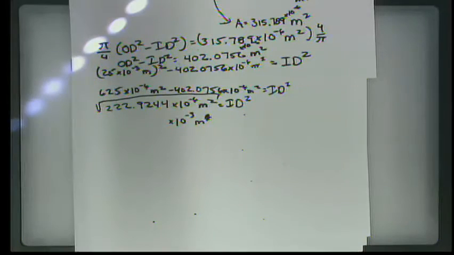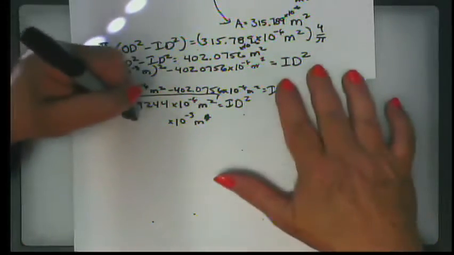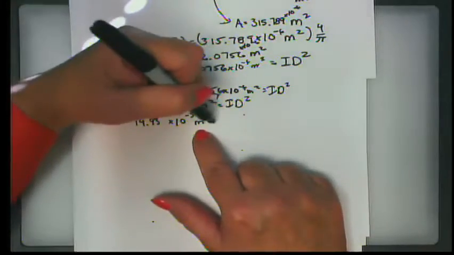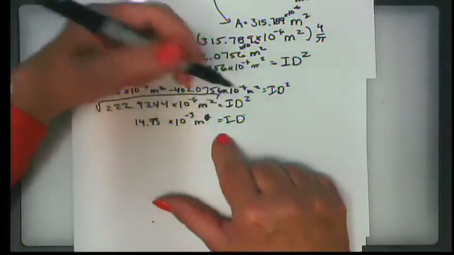My little calculator, oh, there it is. All right, so it's 14.93. 14.93 times 10 to the minus 3 meters equals the inside diameter.